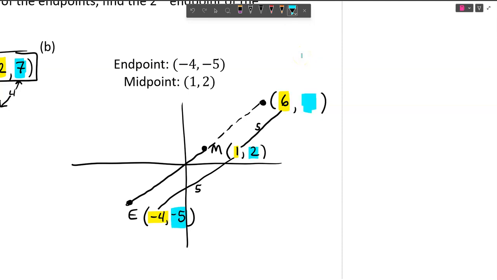So we have -5 and +2. How far are these going to be from each other? From -5 to +2 is a distance of 7. So I need the midpoint 2 to also be 7 away from the other endpoint, which means that the point will be 9. So my other endpoint in this case will be 6, 9.